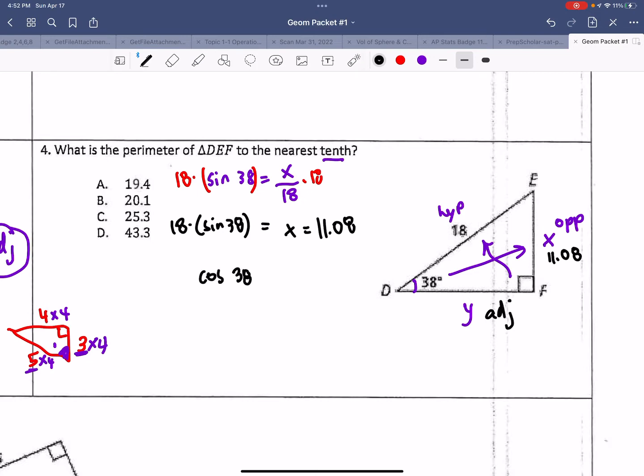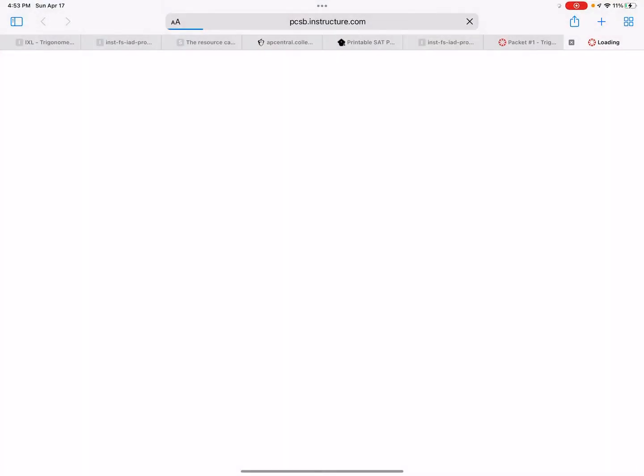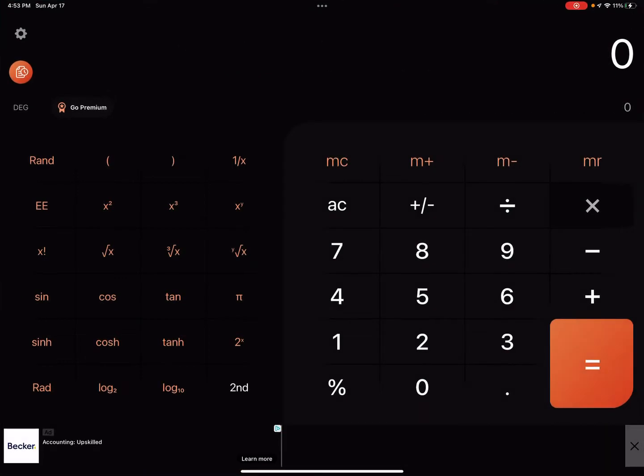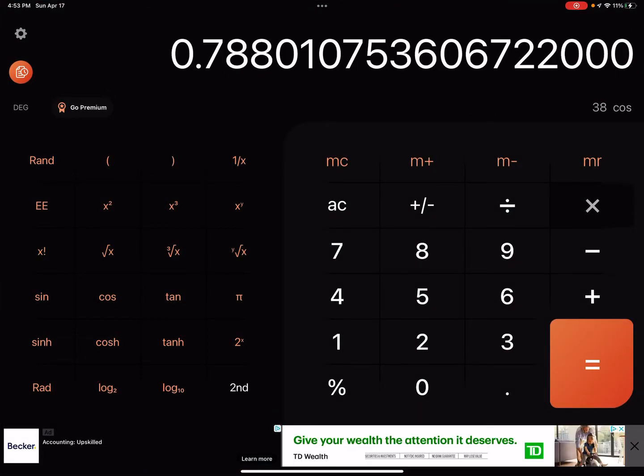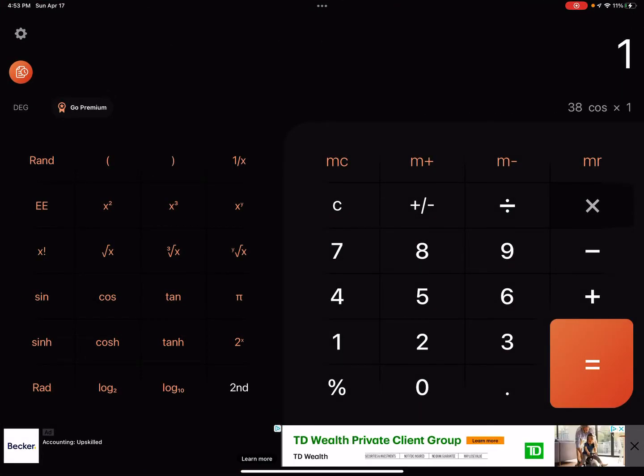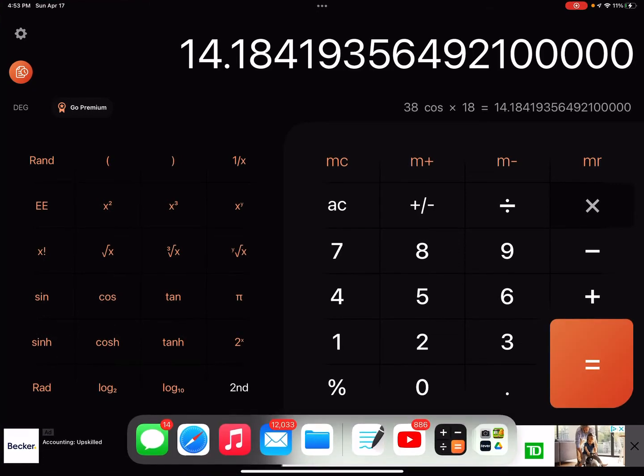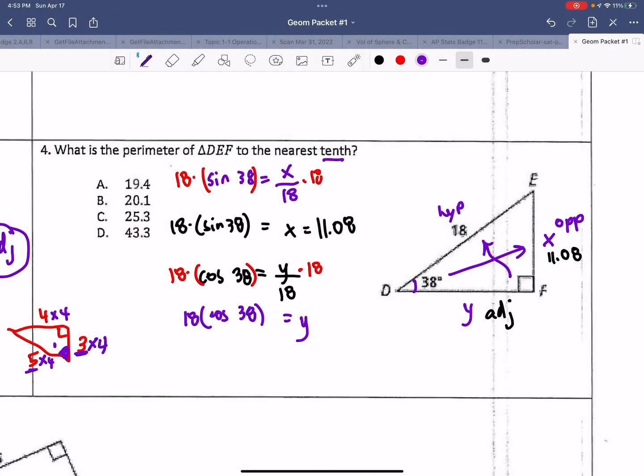The cosine of 38 is y over 18. We could multiply 18 on both sides, and we'd get y is equal to 18 times the cosine of 38. All right, so let's go back to our calculator. 38 cosine times 18 is 14.18.